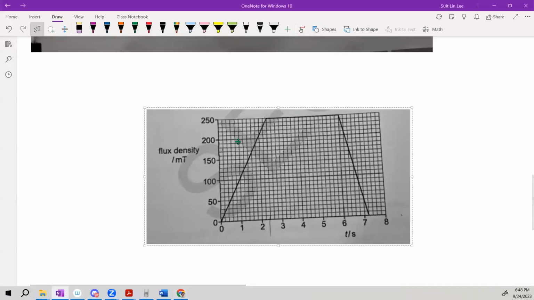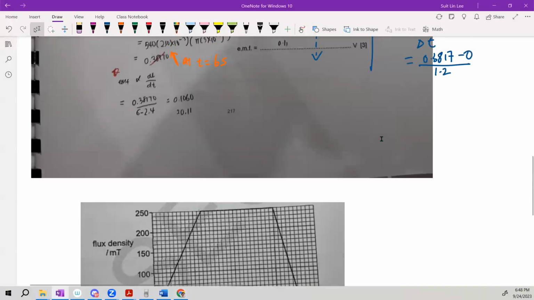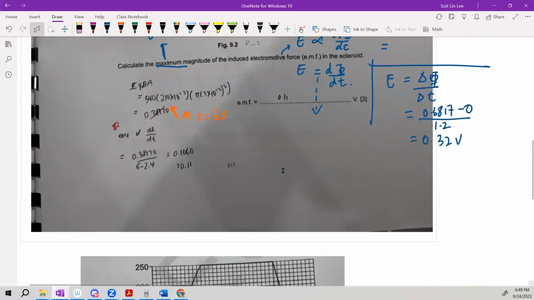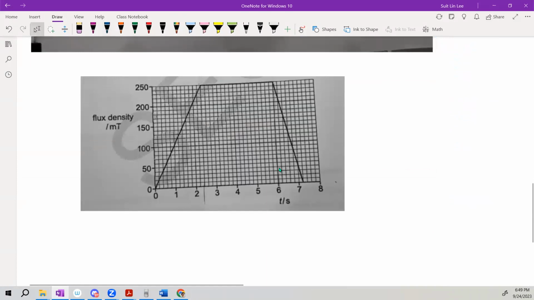Okay, for practice purposes. So I think, yeah, let me press my calculator first. 1.2. Okay, this one is 0.32 volt. Now, if I see here, this is 1.2 second here to here. Here to here is 1.2 second.